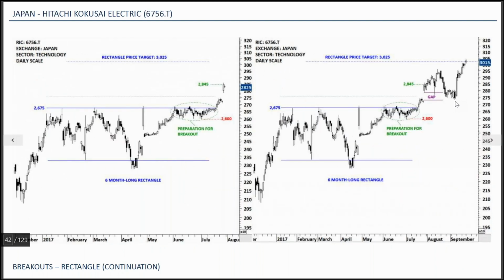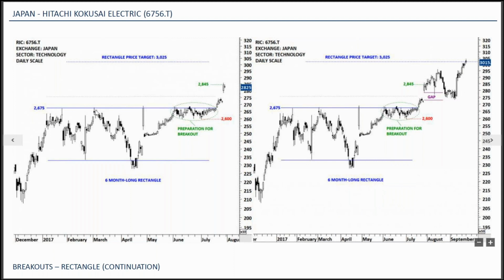Here we have another Japanese company. You remember the idea of price sticking to the chart pattern boundary before the breakout takes place. So here is a perfect example, preparation for a breakout. I labeled here.